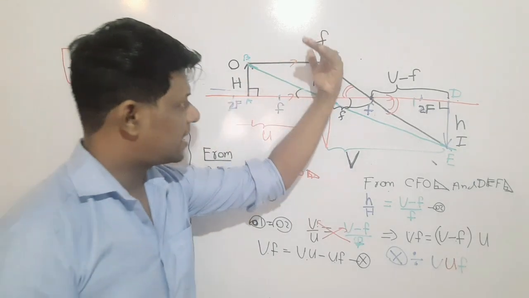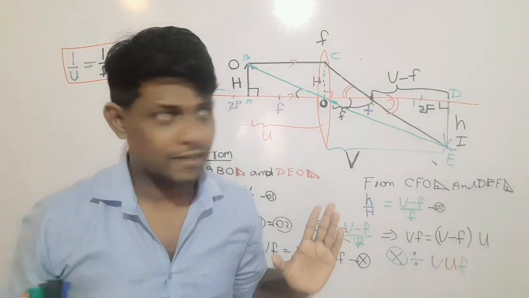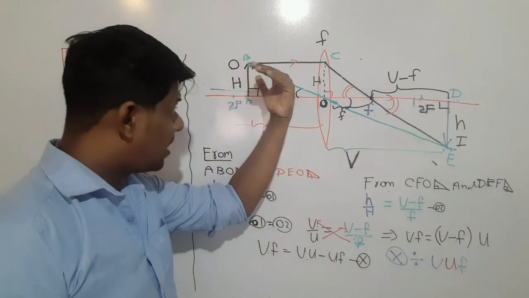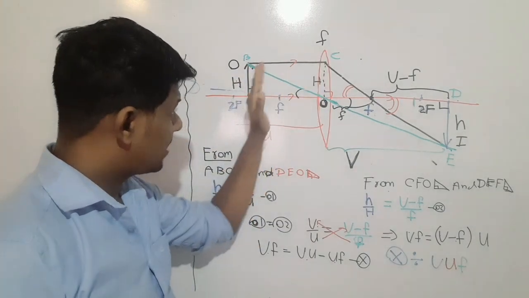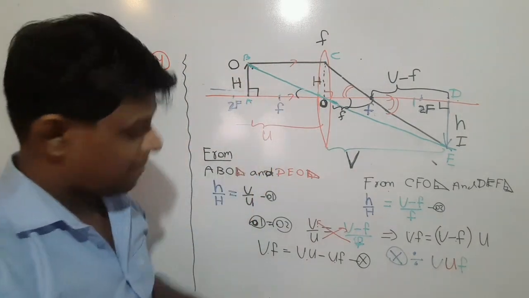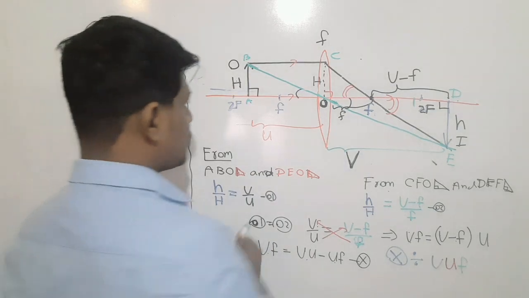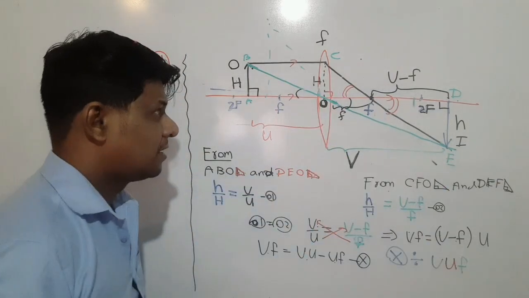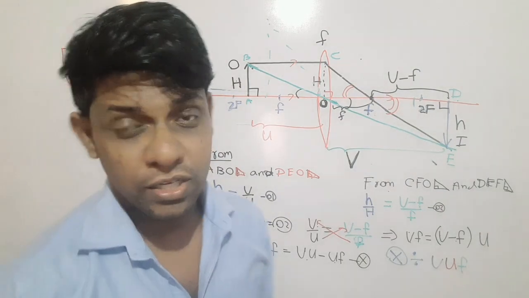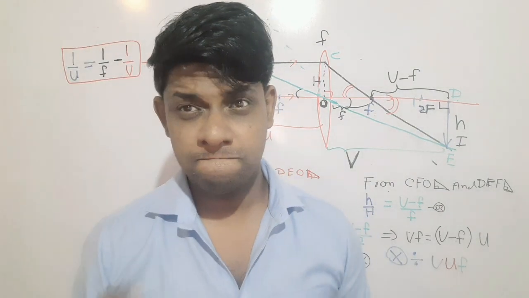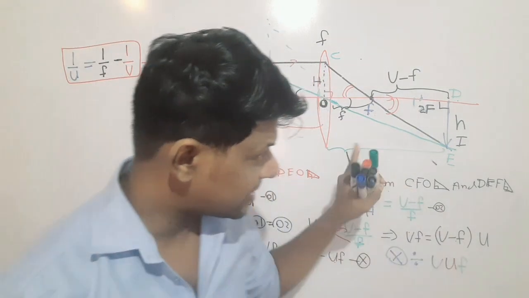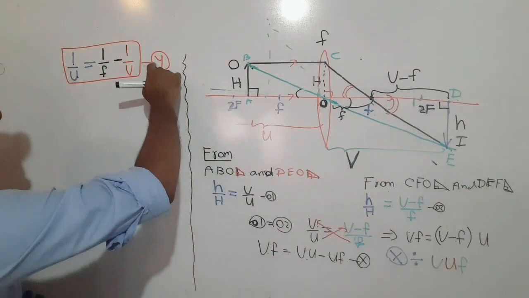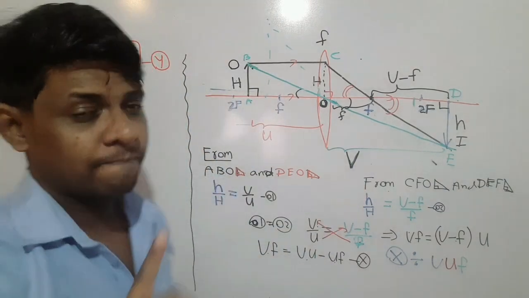If it is a certain image, even from the convex lens, if it is formed as a virtual image, it is not going to be valid. So I need this equation to be universally applicable. It is not universally applicable in these conditions. So what can I do about that?